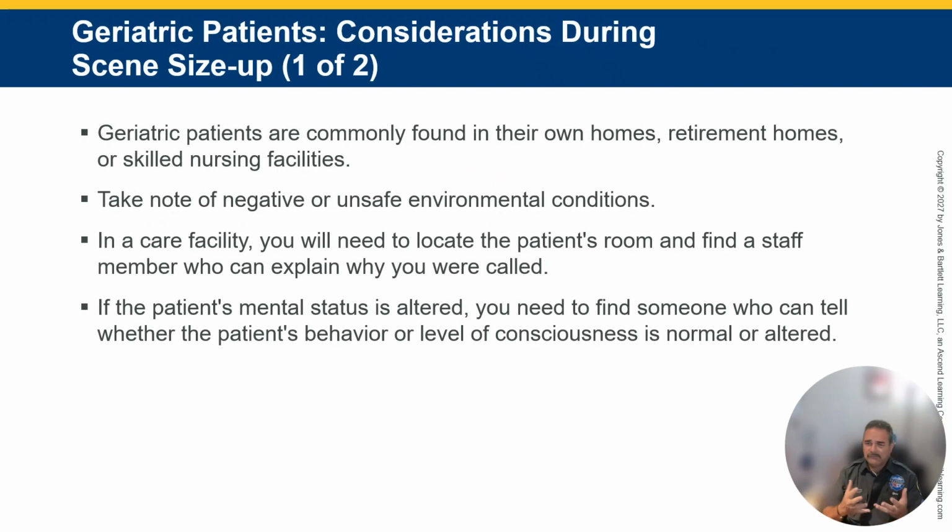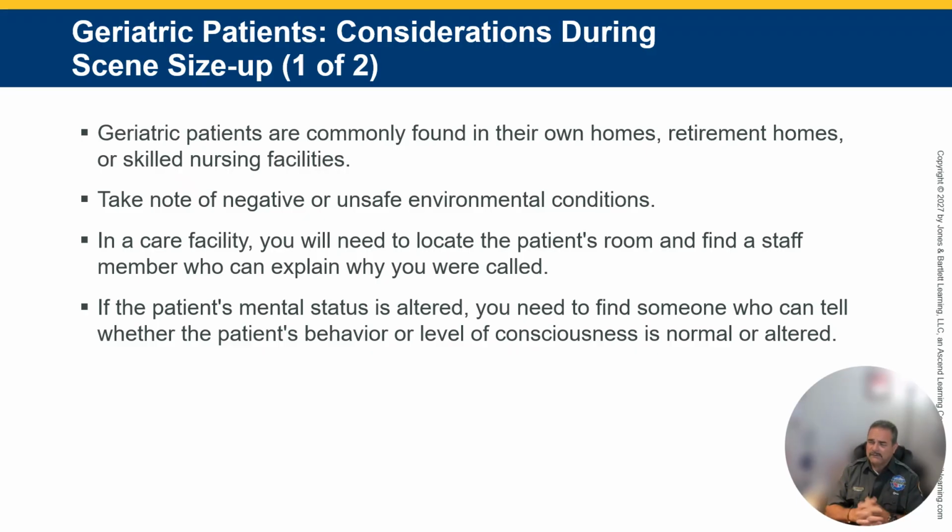All right, so elderly people or geriatrics, they're commonly found in their homes, retirement homes, or skilled nursing facilities. So they have a different kind of environment that we most primarily respond to. Make sure that when you go in, look for any negative things, especially if they're living at home by themselves. How well is the house kept up?